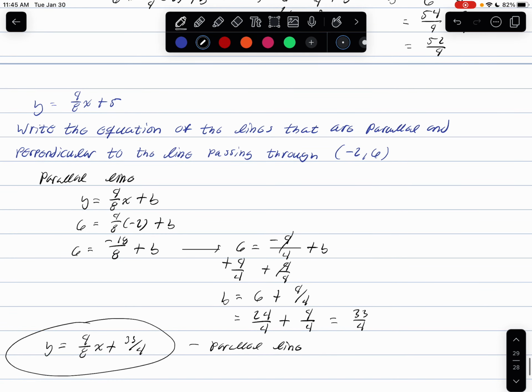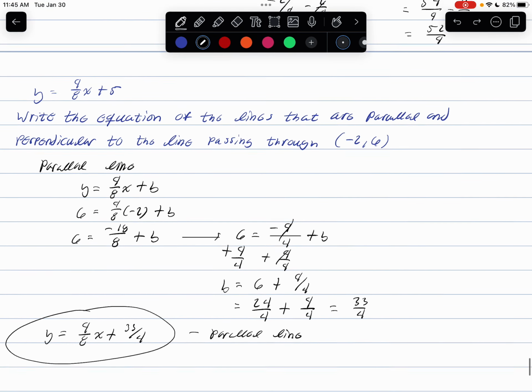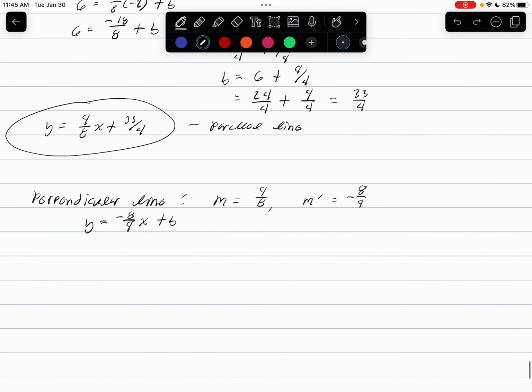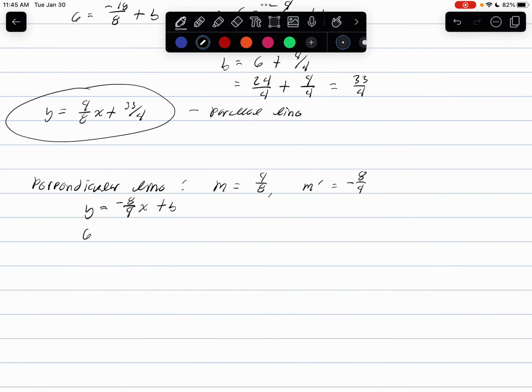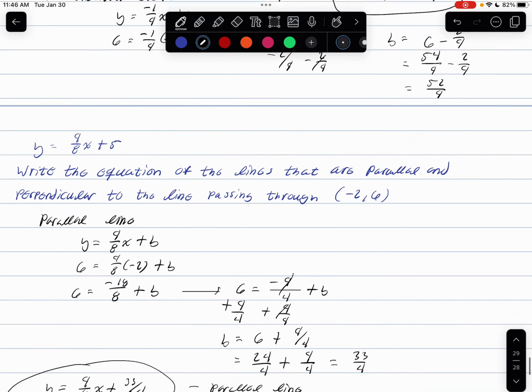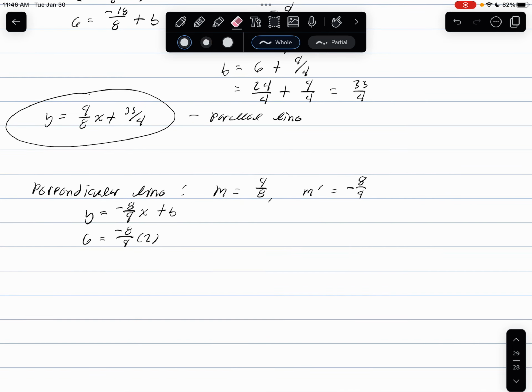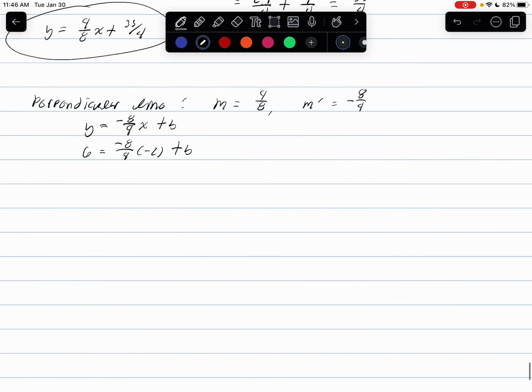But again, we do know that it passes through the point negative 2, 6. So let's replace x and y with the x and y values from this point. This is going to give us 6 is equal to negative 8 over 9 times negative 2, plus b.